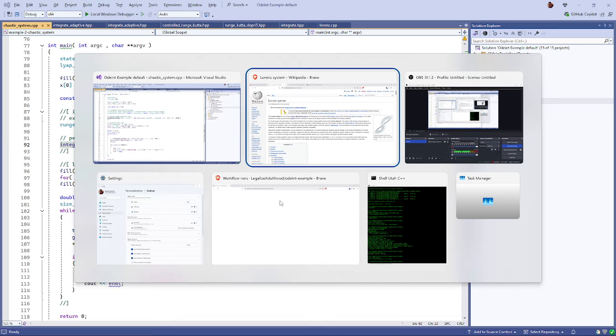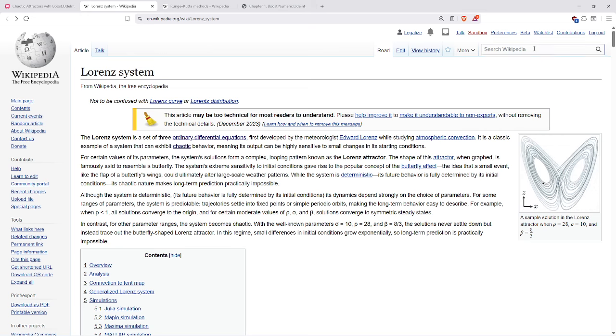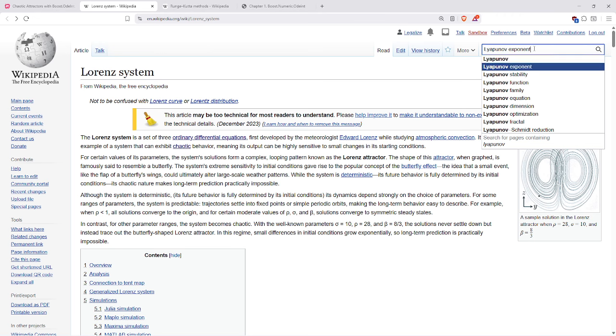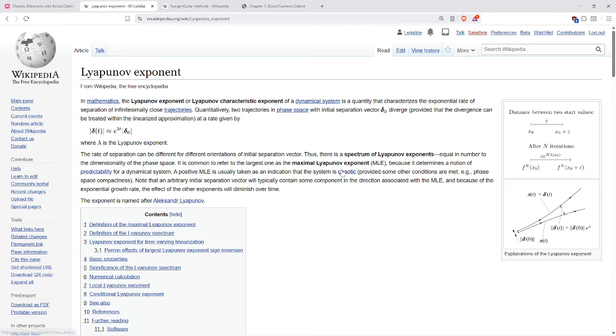rather than try to recall this from memory, let's just look at Lyapunov exponent. Lyapunov characteristic exponent of a dynamical system is a quantity that characterizes the exponential rate of separation of infinitesimally close trajectories.